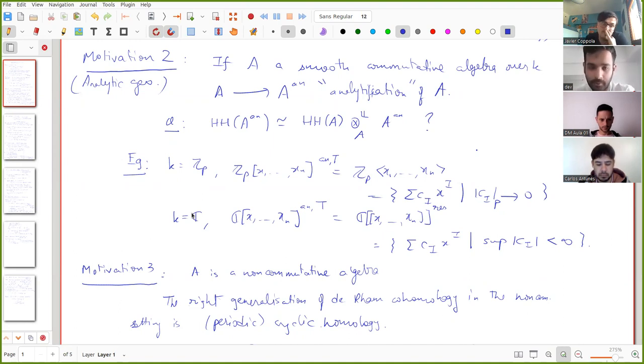So that's another example which fits in this scheme of things. And what else could fit? Basically any kind of localization fits into this, any kind of analytification fits into this, and the non-commutative analogs of analytifications also fit into this. Okay, thank you.